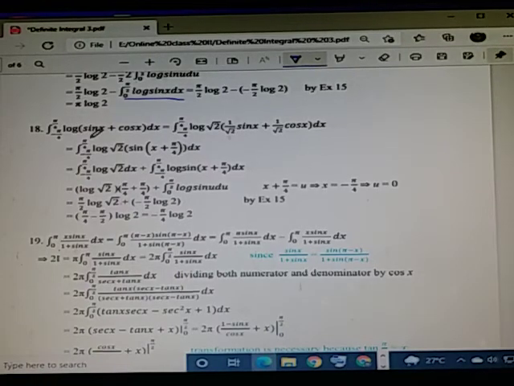Next problem is 18. This is the integral from minus pi by 4 to pi by 4, minus a to a, of log of sin x plus cos x.